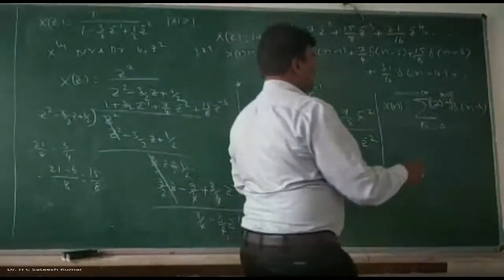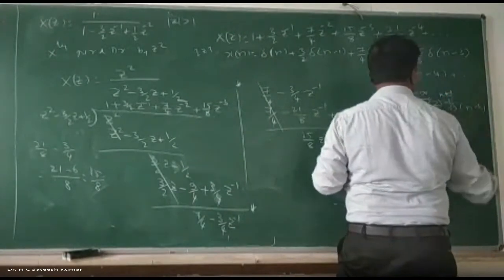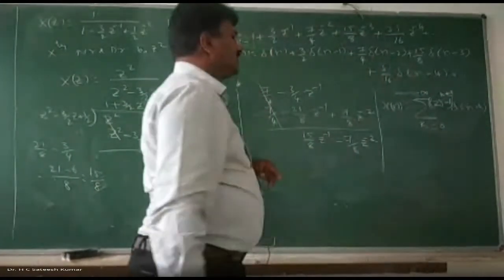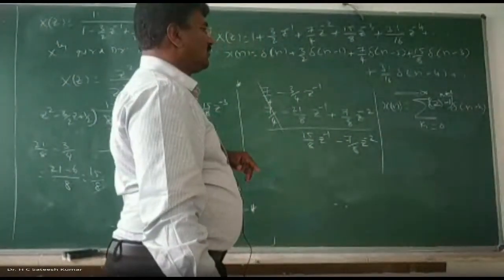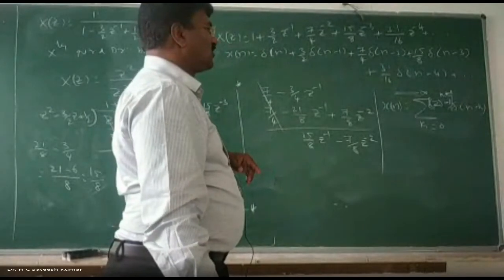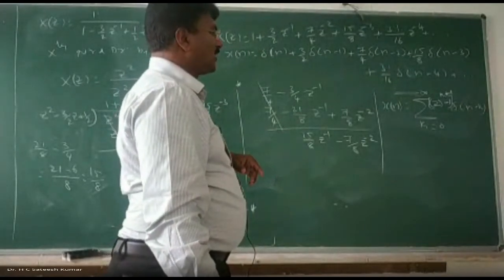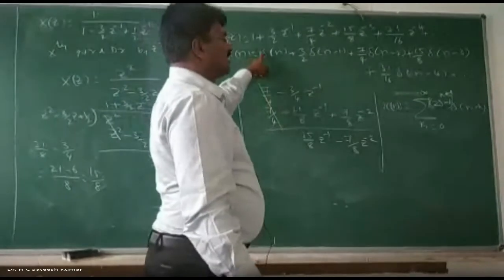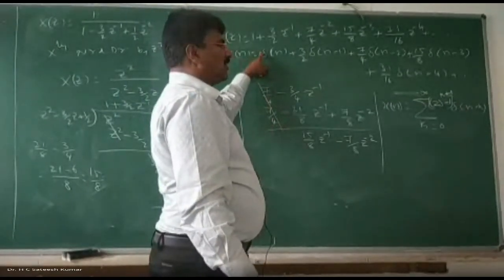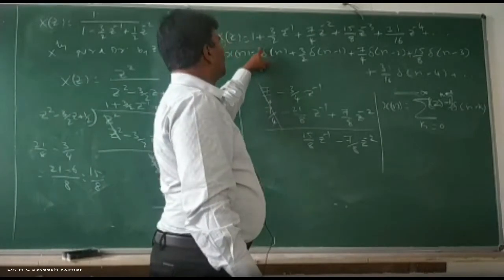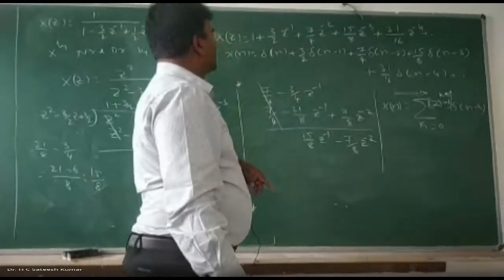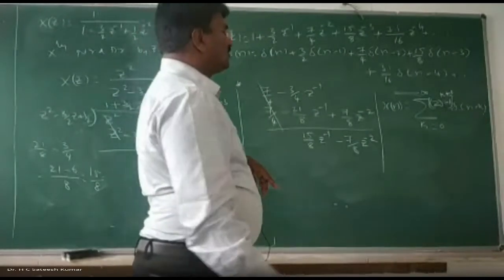K plus 1 I'll write it. K plus 1 minus 1. Okay, what will I get? Put k is equal to 0. 2 to the power of 1, 2. 2 minus 1 is 1. Okay, we got that one. K is equal to 0, you will get 2 to the power of 1, 2 minus 1 is 1. You will get numerator 1. You will get denominator also. You should get 1 divided by 2 to the power of k.